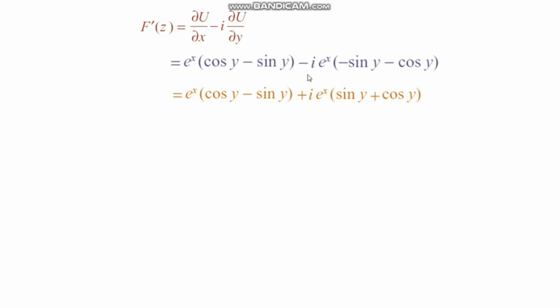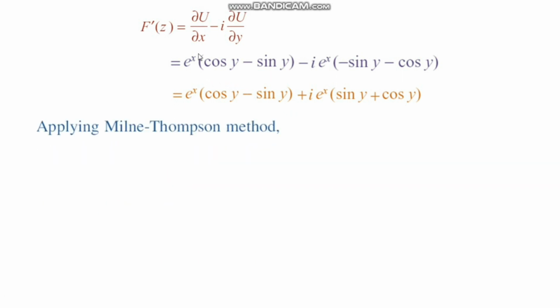It became plus i e^x (sin y + cos y). We have negative 1 common from these two terms, and we have positive 1 only.